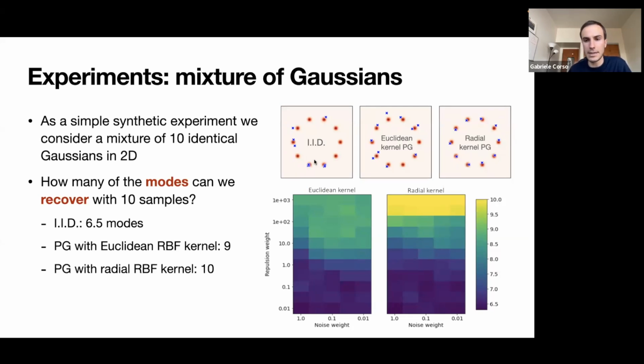This is a synthetic experiment, but even as I showed in the earlier slide, even if you are taking 8 samples, the number of modes that you recover with I.I.D. are still very suboptimal compared to the ones that you could recover with 8 samples, and similarly with 12, 15 samples. So this is really a factor of how many samples you are interested in taking in your particular application.